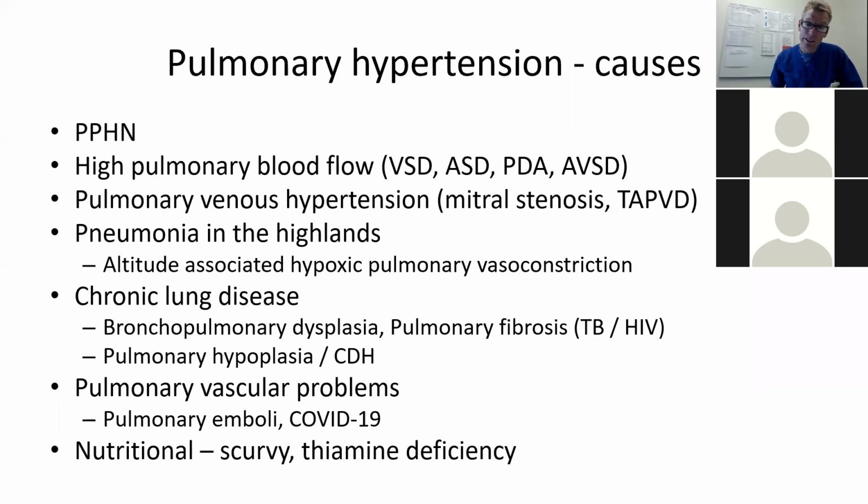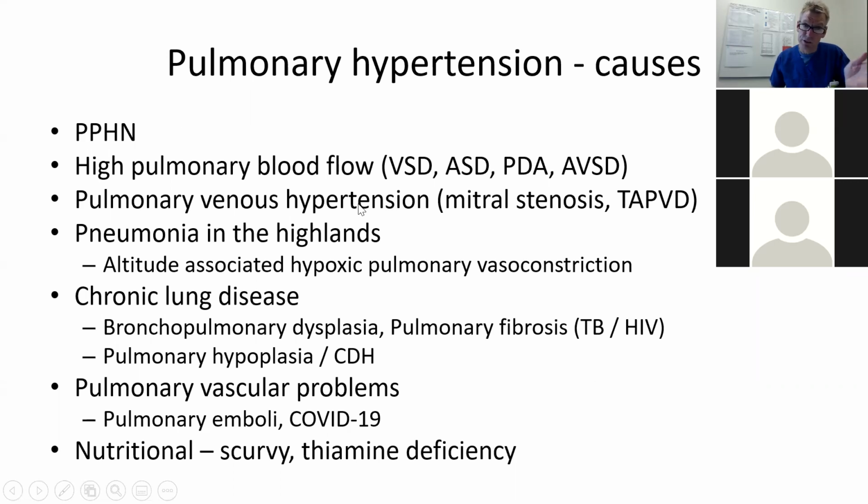And so anything that causes an obstruction to the pulmonary venous drainage, like mitral stenosis or obstructed pulmonary venous drainage, TAPVD, total anomalous pulmonary venous drainage, can cause pulmonary venous hypertension.